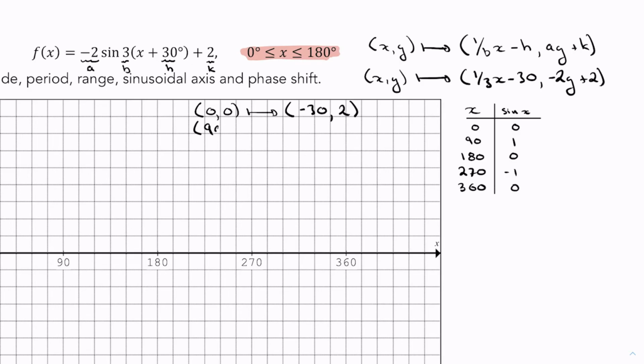And then 90, 1 will go to, what do we have here? 0, 0. And then 180, 0 gets mapped to 60, 2.